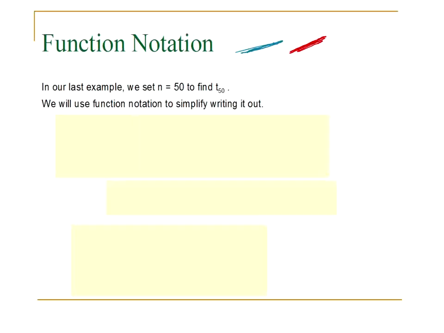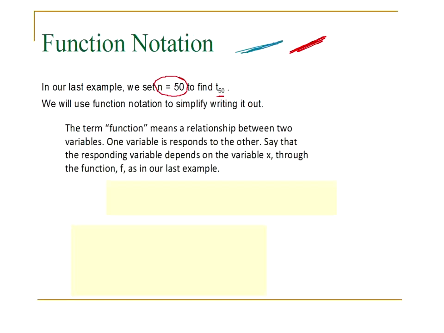So for instance, we were trying to find in one example there the 50th term. So we were setting n equals 50 to find T50. But we can use function notation to simplify this. Function means a relationship, and so we're saying that one variable depends on the other.